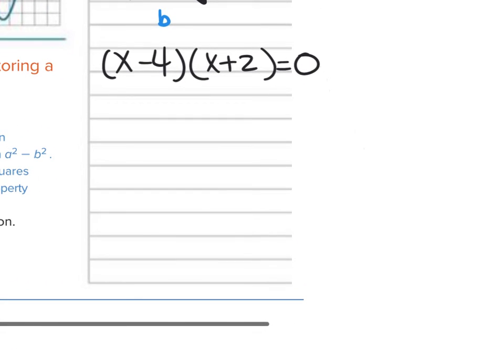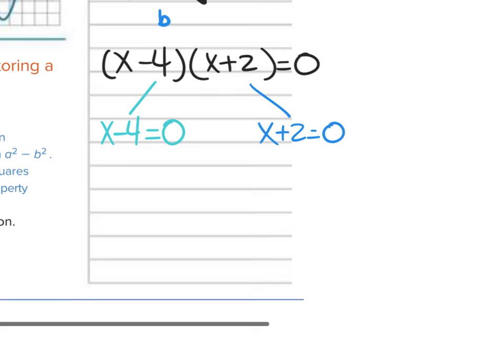Okay, now just split it into your 2. Libby, you watching? Okay, so split into 2. X minus 4 equals what? 0. What's the other one going to be? X plus 2 equals 0. Perfect. All right, now solve. Haley, what would we do to solve the left one? This is minus 4.